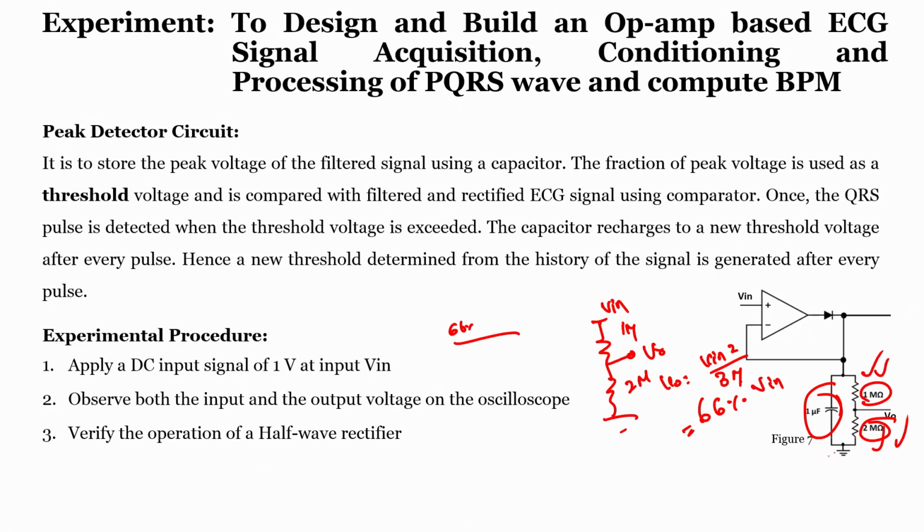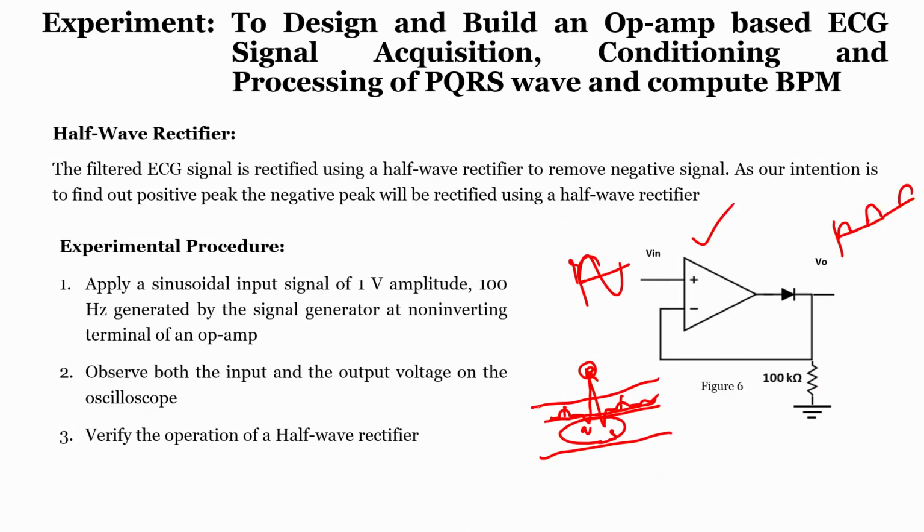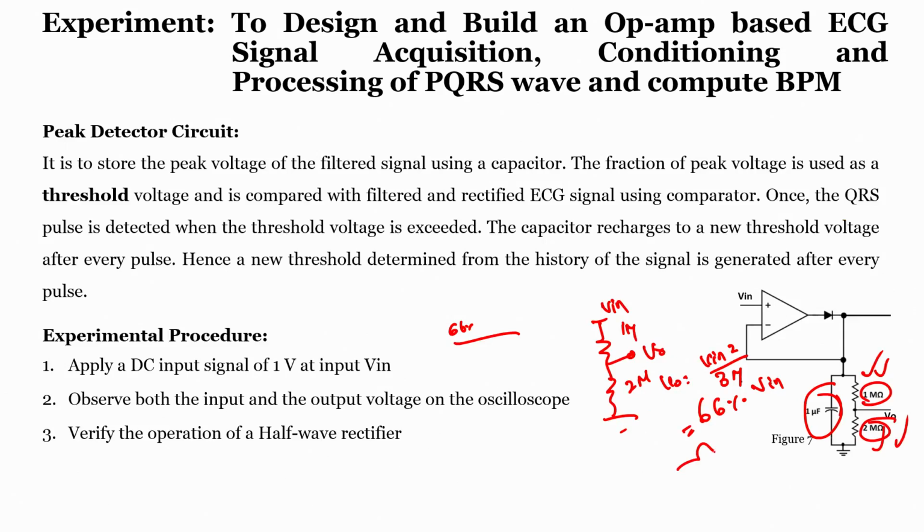Then whatever we get is nothing but the signal which is greater than this threshold. This threshold is 66.6%. So, you will get a signal like this, right. In a simulation, we will pass a sinusoidal signal and look at this point without the divider, to see whether the capacitor is charging to the peak value or not.